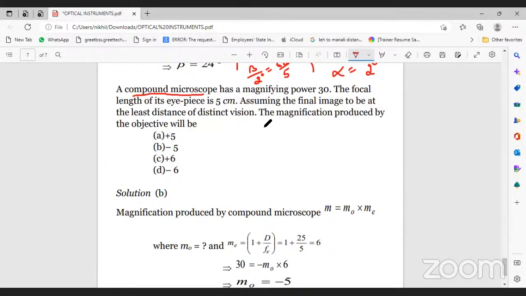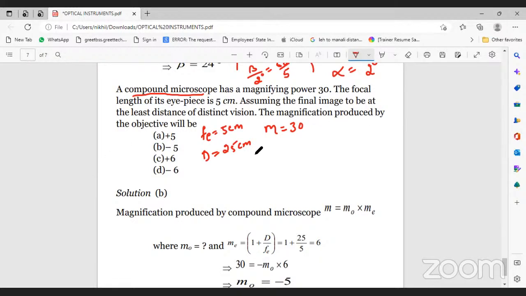What is the magnifying power? 30. What is the focal length of the eyepiece? 5 centimeters. The image is formed at least distance, meaning capital D is how much? You have to remember that standard value. Least distance of distinct vision means 25 centimeter.